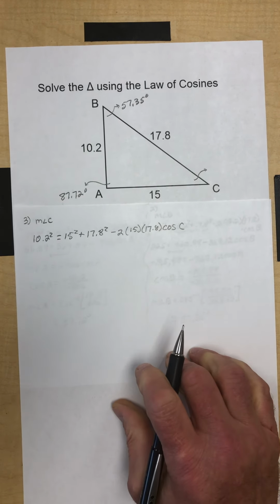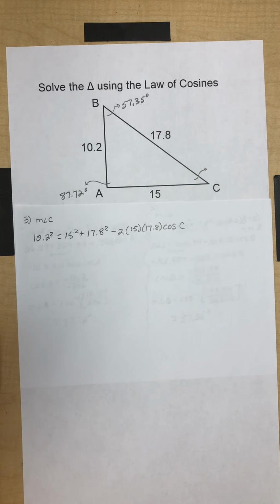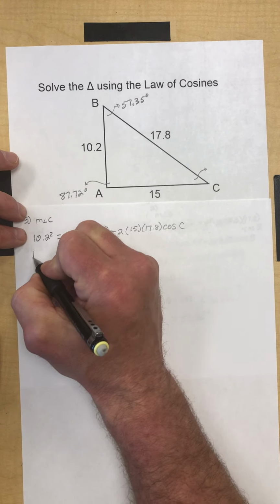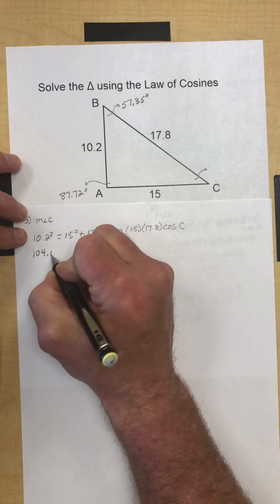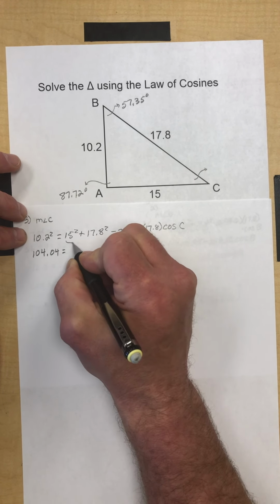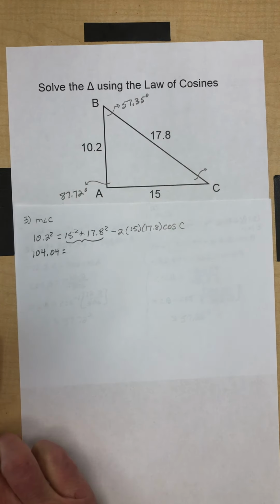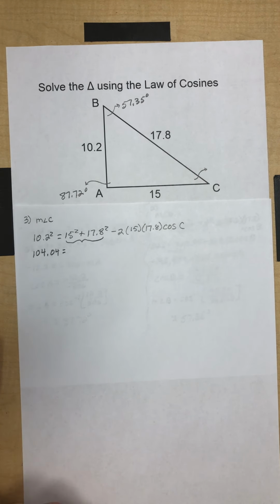Okay, so now we just get the calculator going. So let's see, 10.2 squared. I'm getting 104.04 equals. All right, now I got to do these guys right here. So 15 squared plus 17.8 squared.